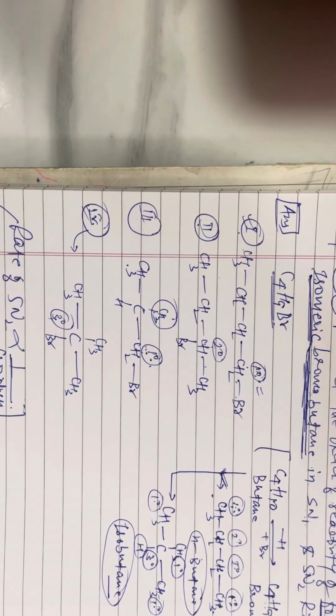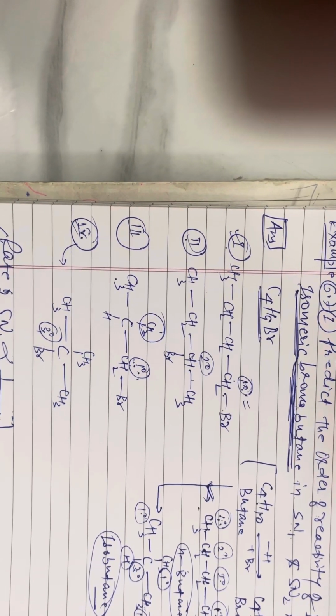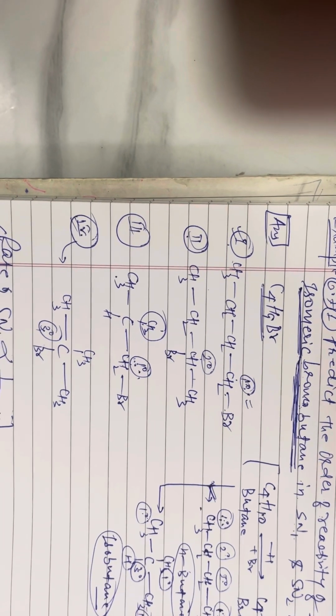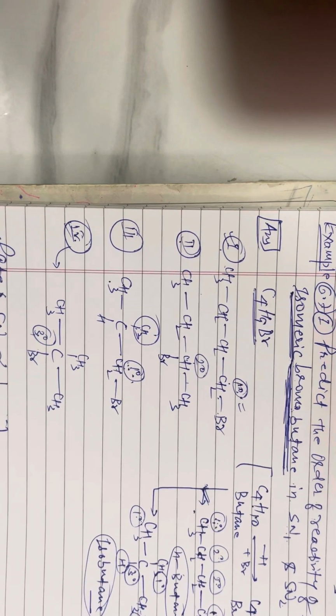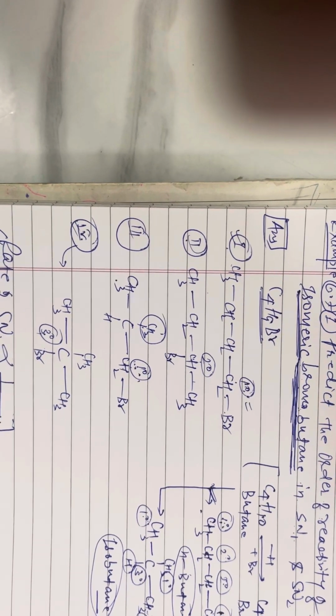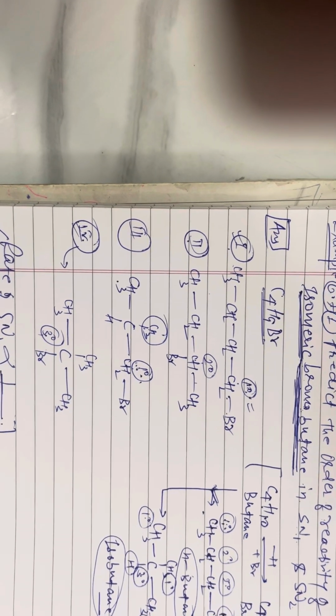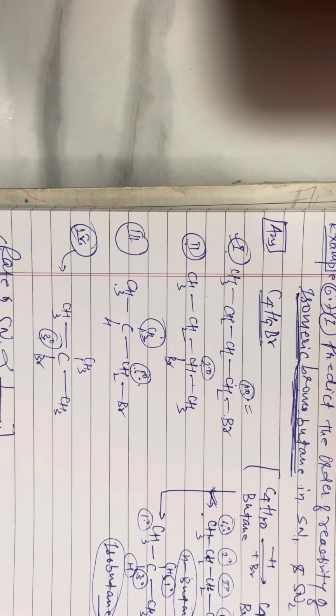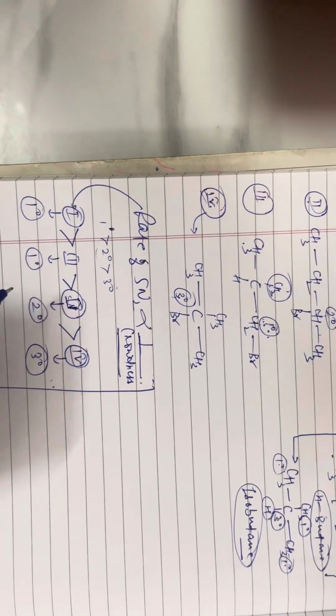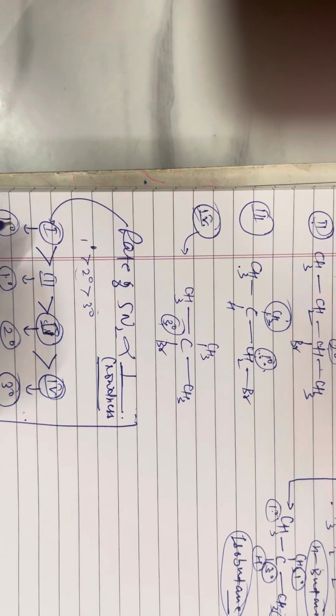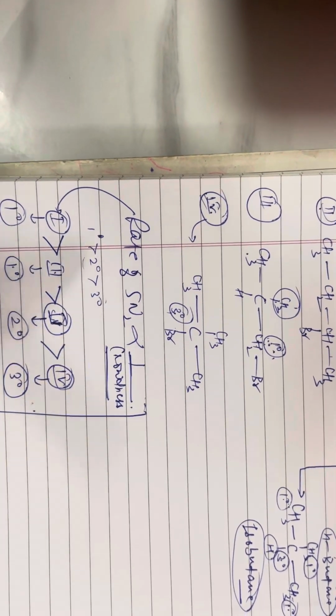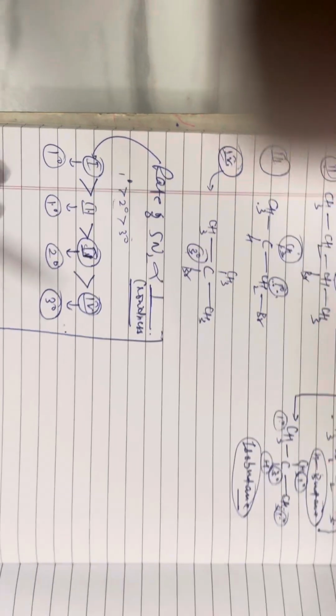So I repeat: first is the 1 degree, the last one is 3 degree. The second one is 2 degree, and this is again 1 degree. Then how are we comparing this 1 degree? Because this is less crowded, and this is more crowded.